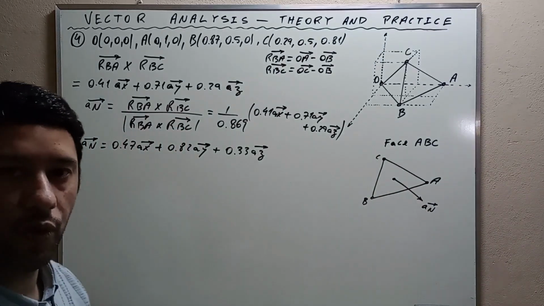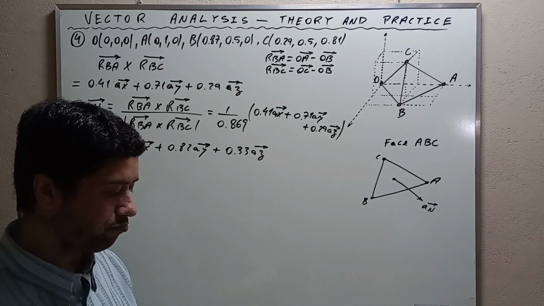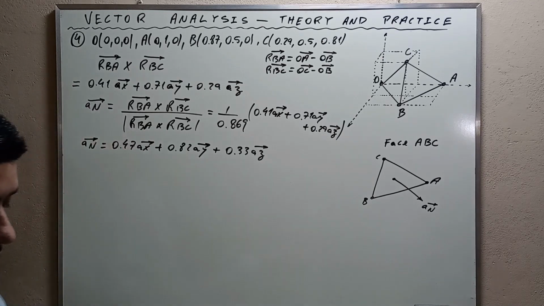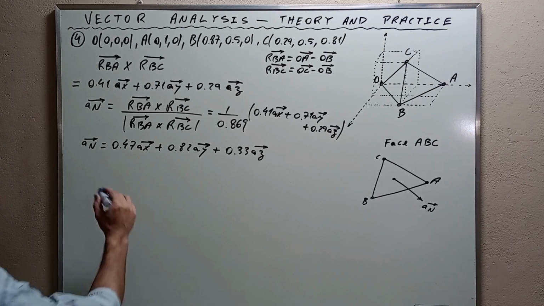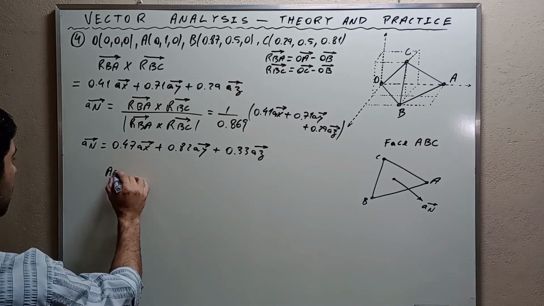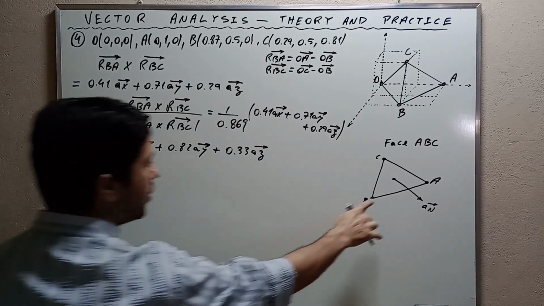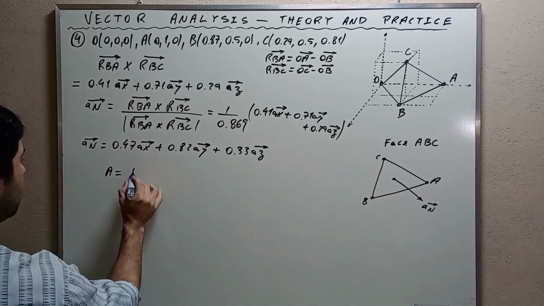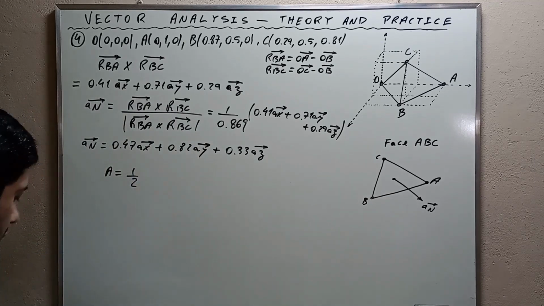To finish, we go to letter B and we calculate the area of the face ABC. How do we do it? We can use the cross product in such a way. The area of the face is going to be a half of the product, much like what we do in geometry to calculate the area of the triangle.